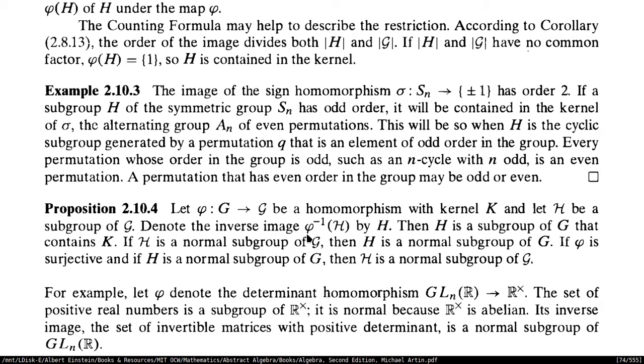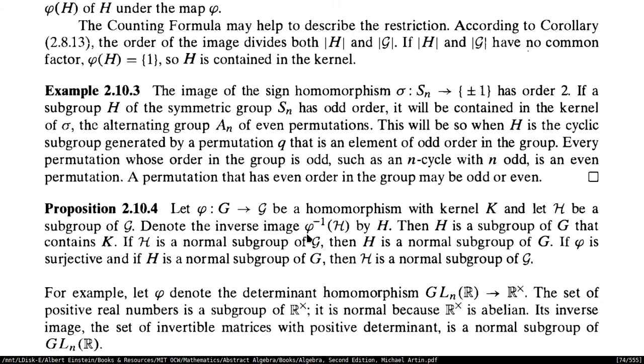If a subgroup H of the symmetric group has odd order, it will be contained in the kernel of the homomorphism, that is the alternating group. We've seen this before, how the kernel of sigma is A_n, but this time H will be contained in the kernel of sigma, that is the alternating group of even permutations, right?